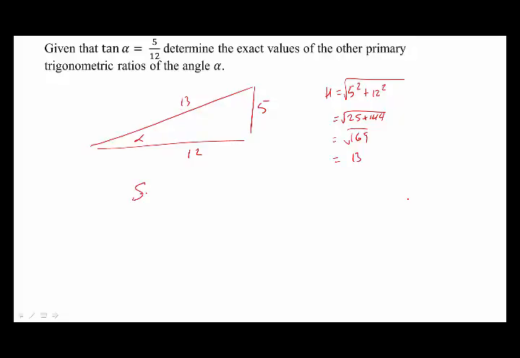So what's my sin? Opposite over hypotenuse, so it's going to be 5 over 13. My cos is 12 over 13.